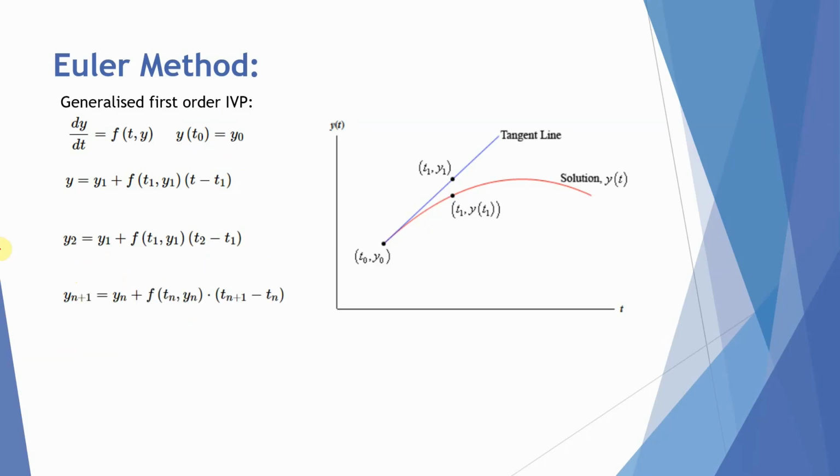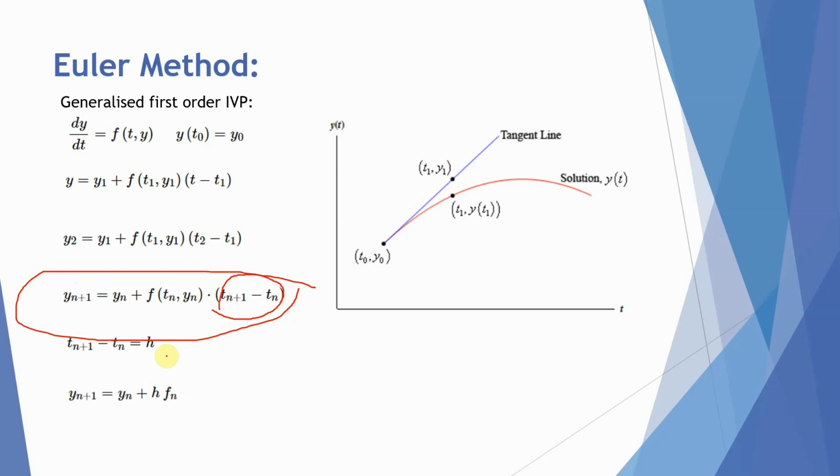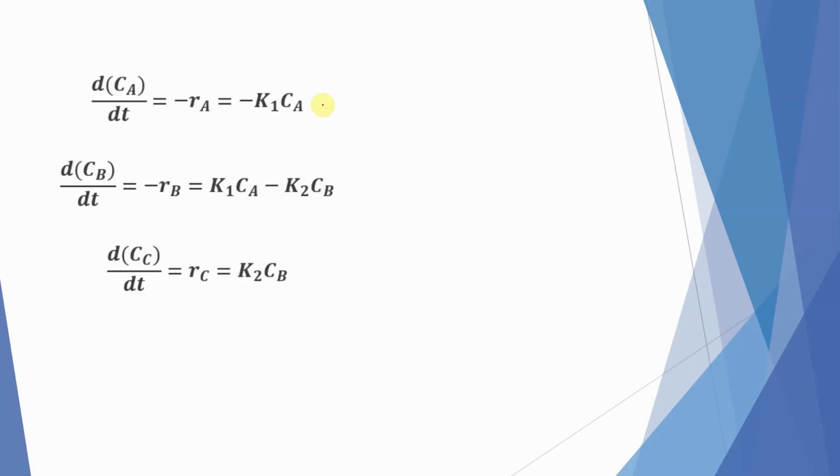Now the generalized equation is this. And we wish to remove this term because this is nothing but the step size. So we can substitute h, and the final equation is this. Now we will modify our equations according to the previous solution. So this will become (CA2 minus CA1) upon delta T, which is the step size, is equals to minus K1 into CA1.